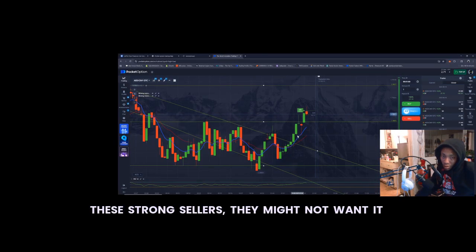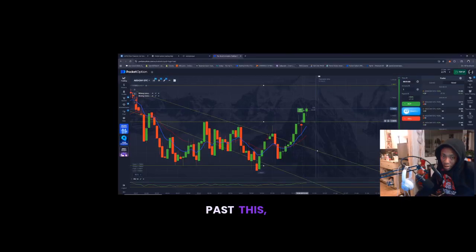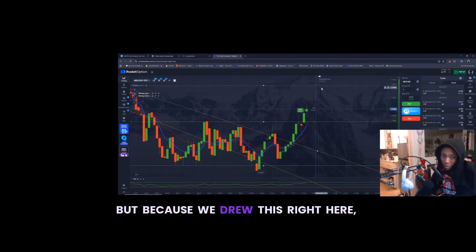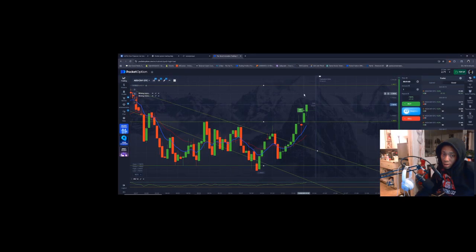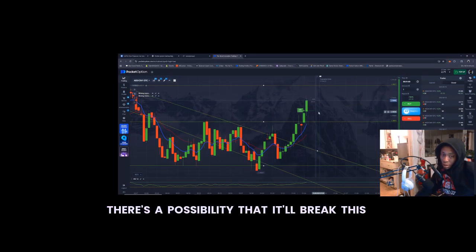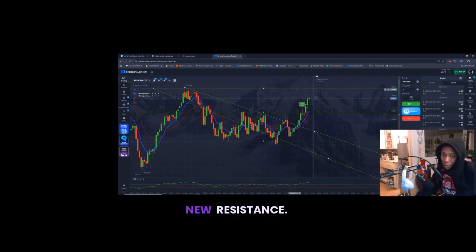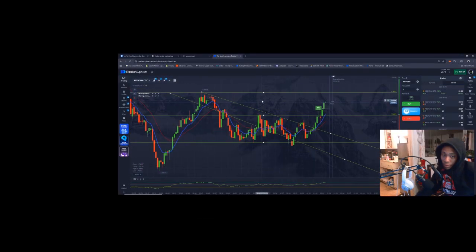These strong sellers might not want it past this, but because we drew this right here, there's a possibility that it'll break this new resistance just because it's bullish.